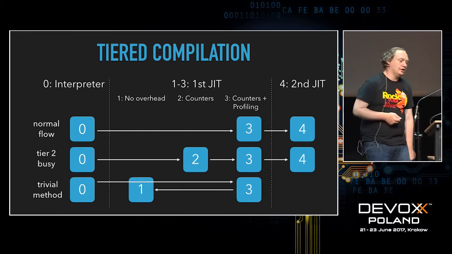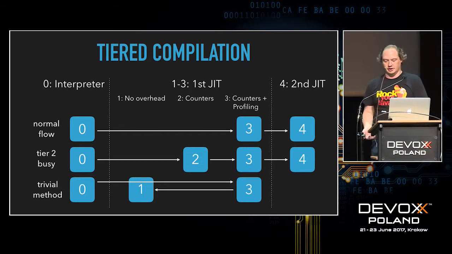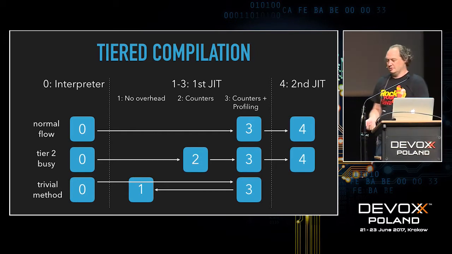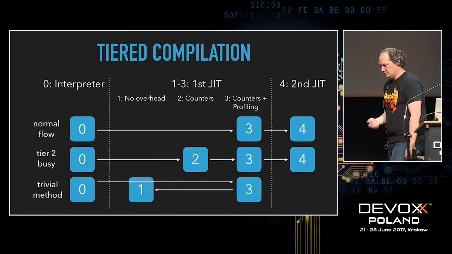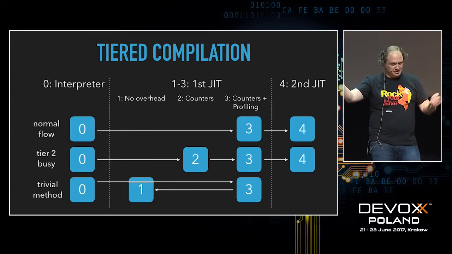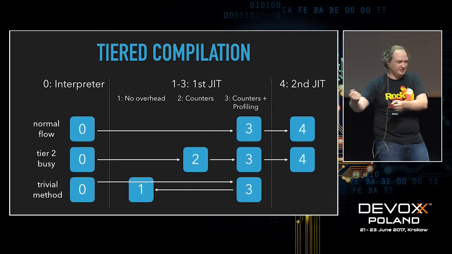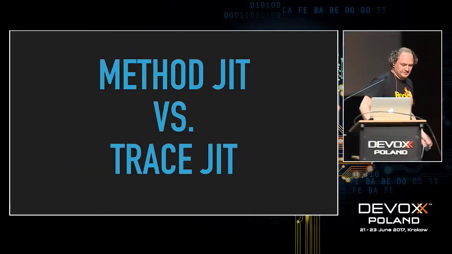And it will recompile right away in tier 1, which has no overhead of counters or profiling. So contrary to what you would probably expect, your end goals here are to get to tiers 4 or 1, and tier 1 is faster than tier 2 is faster than tier 3. Yeah, but that's how it works.